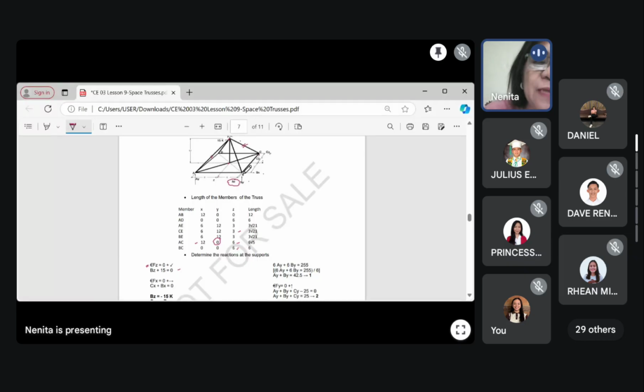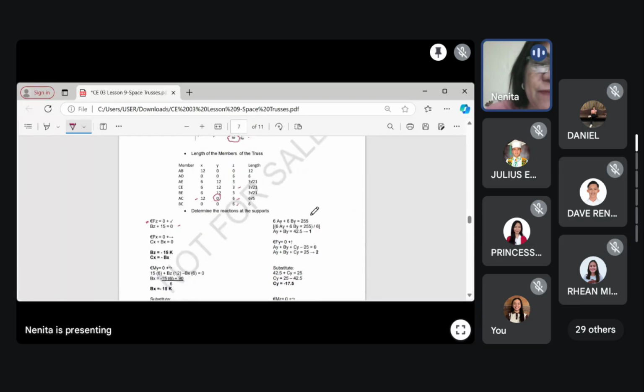By inspection, first look for where you can start, which unknown you can solve directly. That is your tactic. Look for it. So, it is BZ. There is no other reaction on the z-axis. We have no CZ, we have no AZ. Only BZ. So, therefore, we already have the value of BZ, which is equal to negative 15.